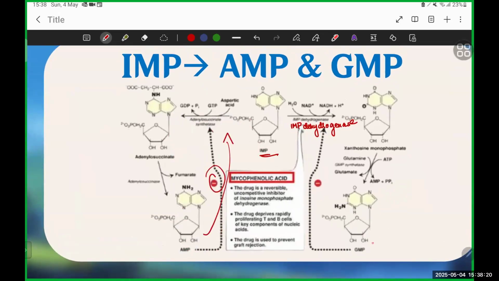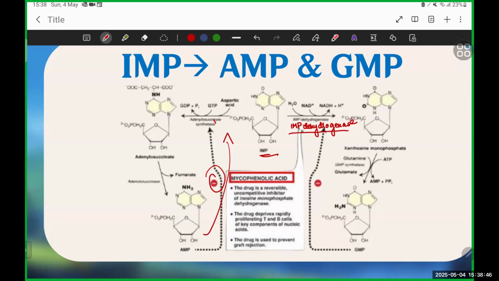Over here, you form GMP. With IMP dehydrogenase, you form GMP. And again, if GMP is enough, it's going to feedback inhibit its own enzyme. They're not going to inhibit each other. AMP is not going to inhibit IMP dehydrogenase. It's going to inhibit its own enzyme. All right, that's one thing.